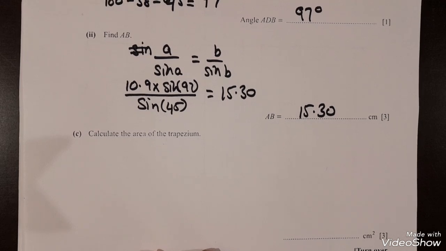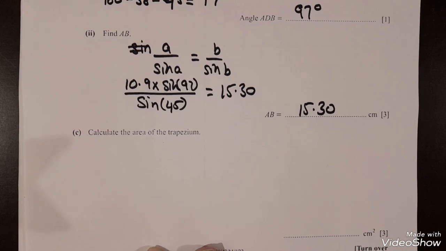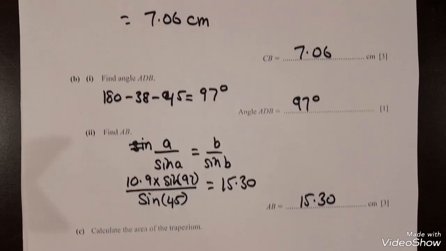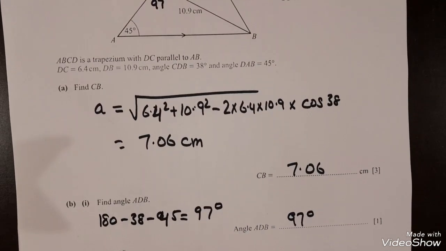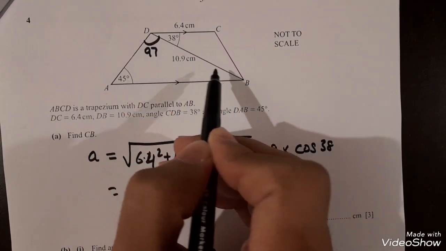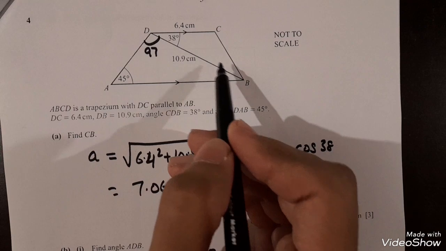Now over here we have two triangles. One is this triangle ADB, and second is DCB.